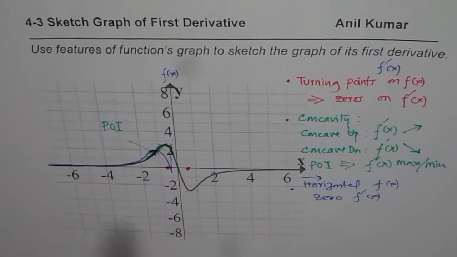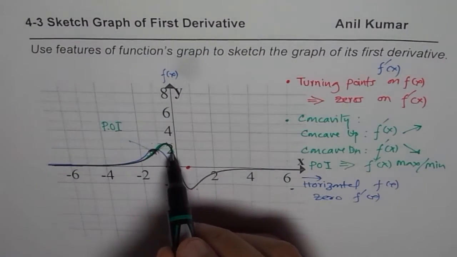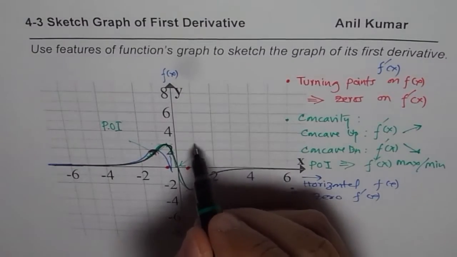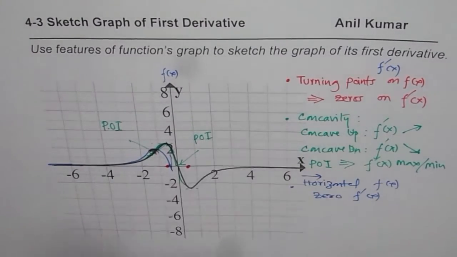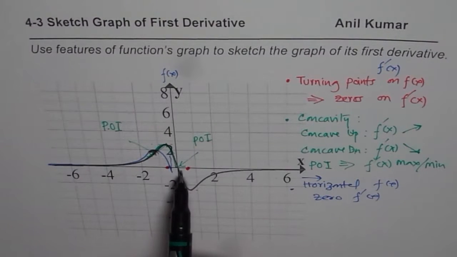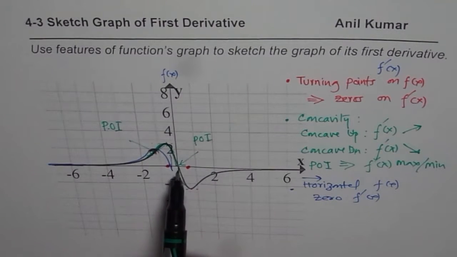Correct. Let's move further. If you move further, what you see here is that the function is concave down here and concave up. So at this point, we again have a point of inflection. Now this point of inflection is basically where the derivative is changing from concave down to concave up.